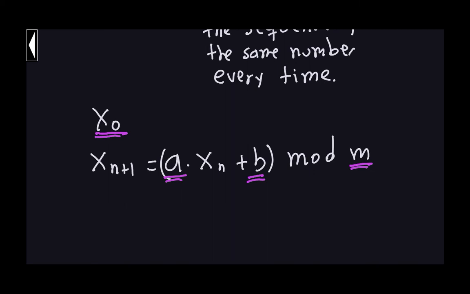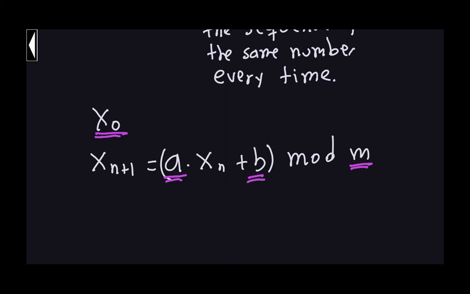One is that the cycle is long enough for applications, and two, that you make sure there is no place where the number repeats itself. There are choices we can make for A, B, M, and the seed that make that happen, and there are some mathematical properties that these numbers need to have in order to avoid those kinds of problems. So the seed should be chosen in a particular way, the cycle should be long, and there shouldn't be any numbers where the sequence is stuck.